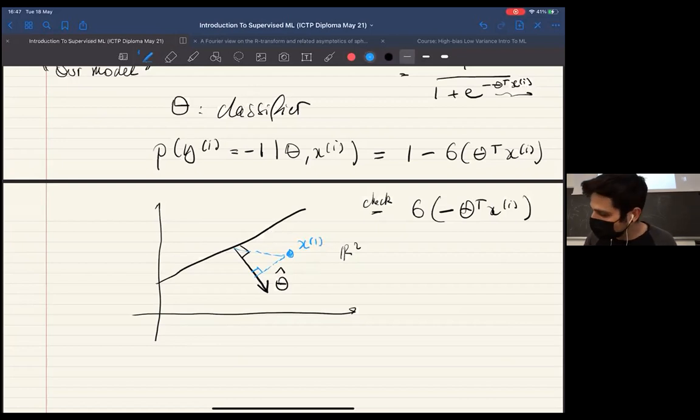And let's say that this number here, this projection that we get, is high. It's a large number, which means that our point is far from the decision boundary.